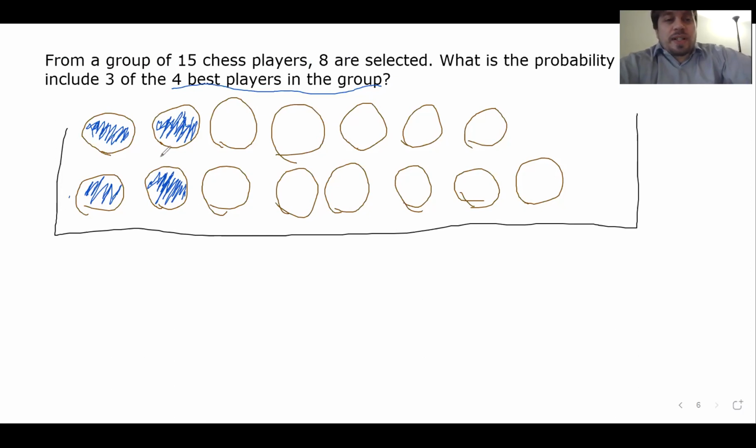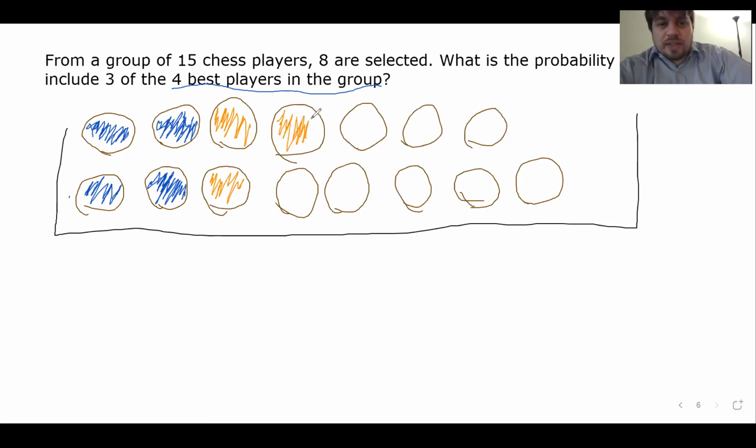So we have 4. These are the 4 best players in the group. And then everyone else isn't as good. I'm going to choose orange. This is my least favorite color. I'm going to choose orange as the remaining ones.